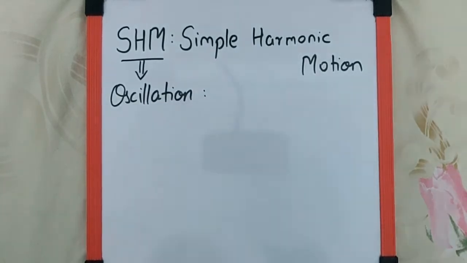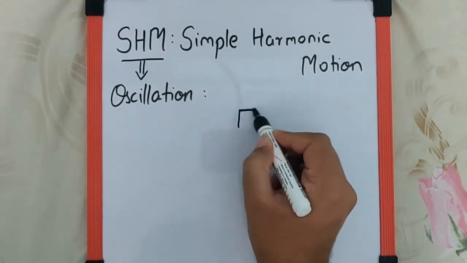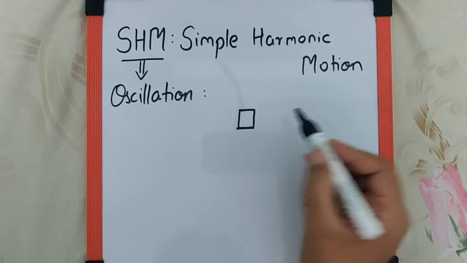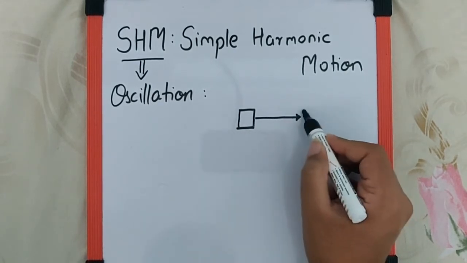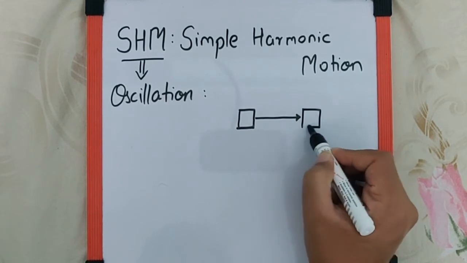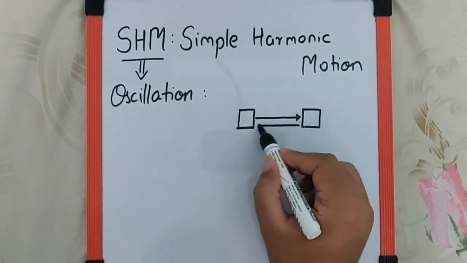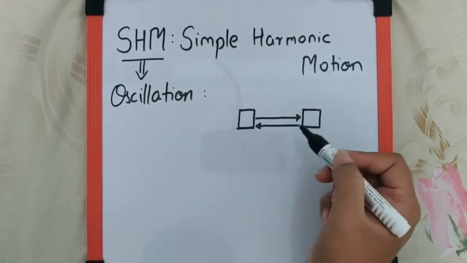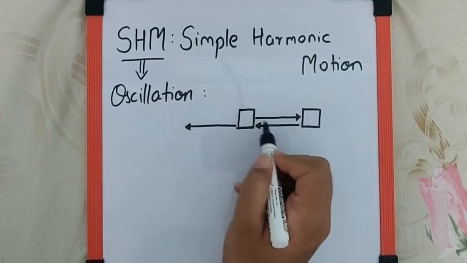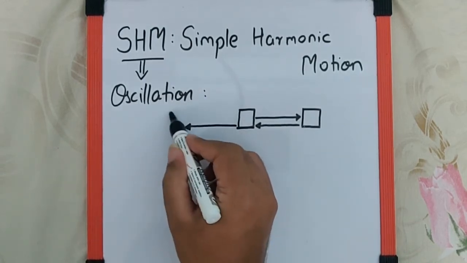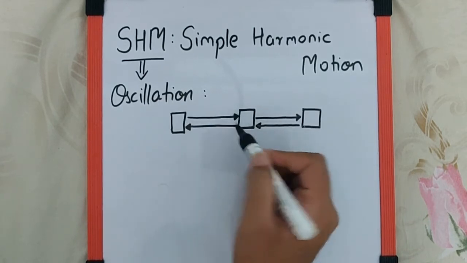Now as we know, when a body is placed at one position and it moves, say towards right to some distance, then it stops, comes back to the original position, then continues to move towards left for almost the same distance, stops and comes back to its original position.